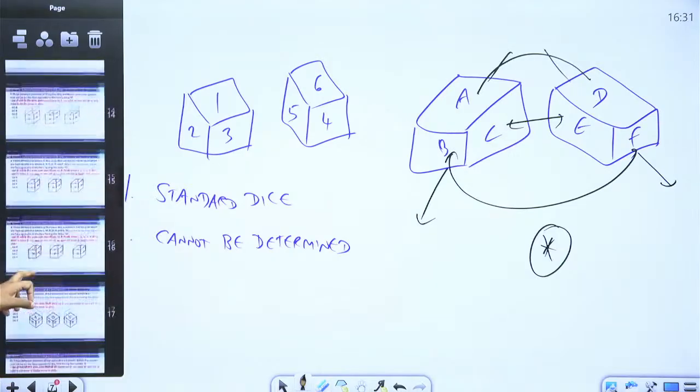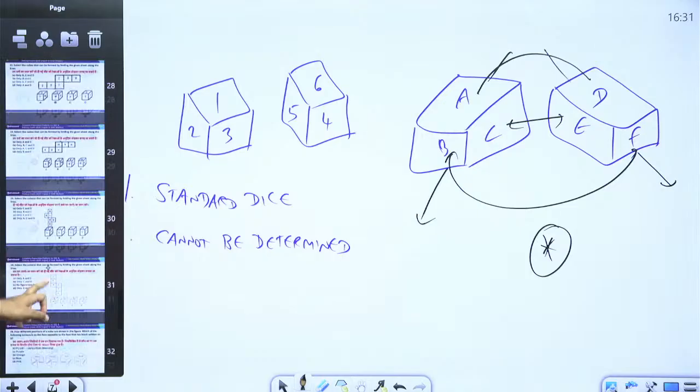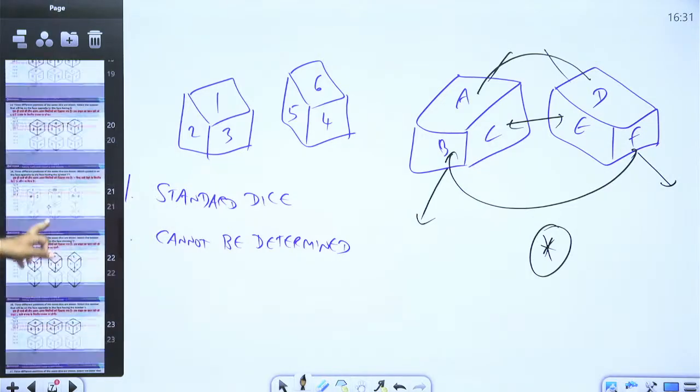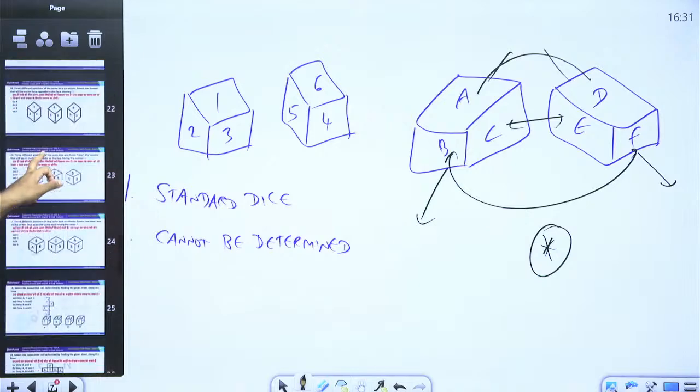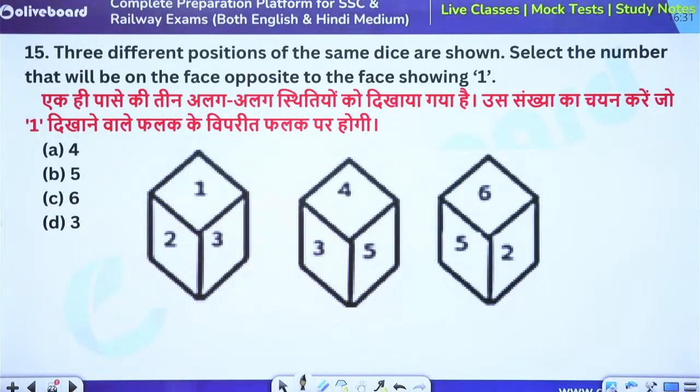So we'll start with some good questions only because we don't have the liberty of time with us. So let's pick up from this question. Okay, let's quickly solve this.